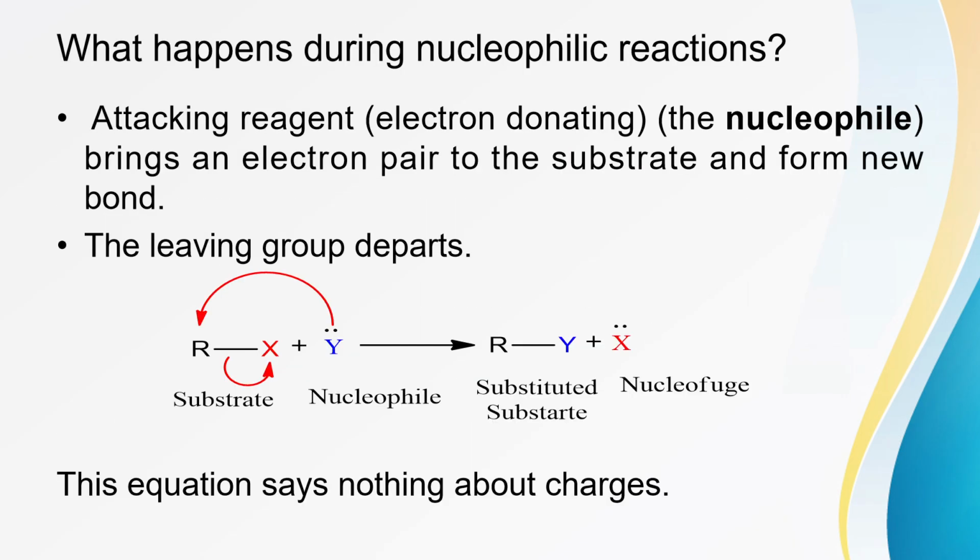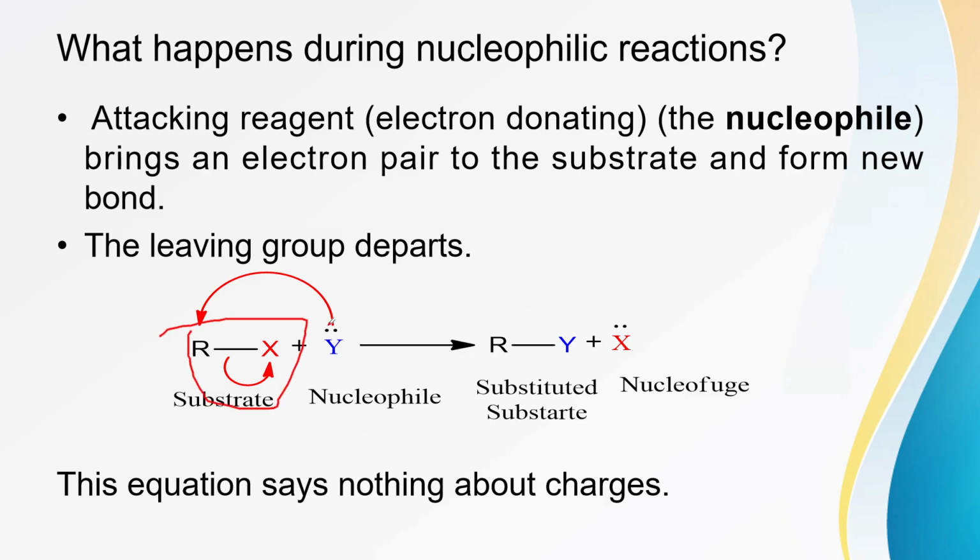Now we will see what actually happens during a nucleophilic substitution reaction. You can clearly understand this from this equation. Here Y is a nucleophile containing a lone pair of electrons. By using its lone pair, it attacks our substrate. This is our substrate, RX.